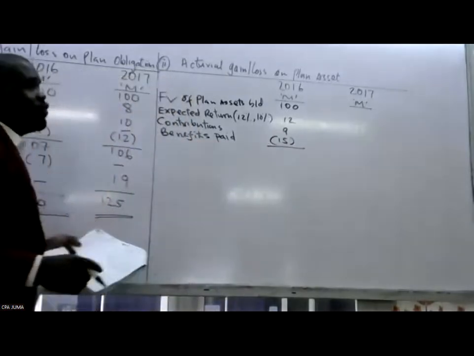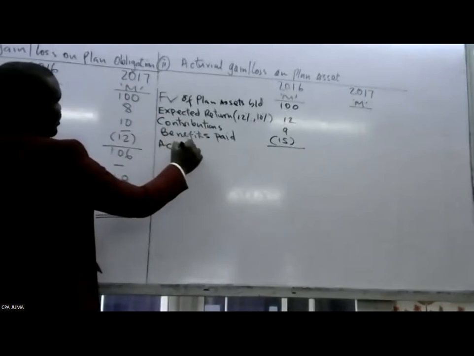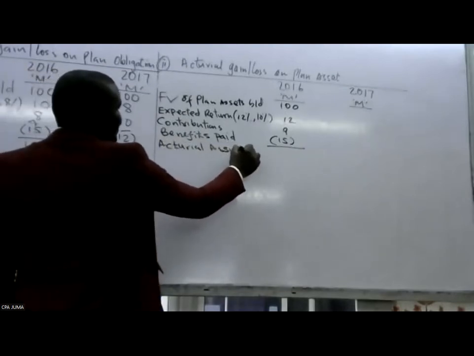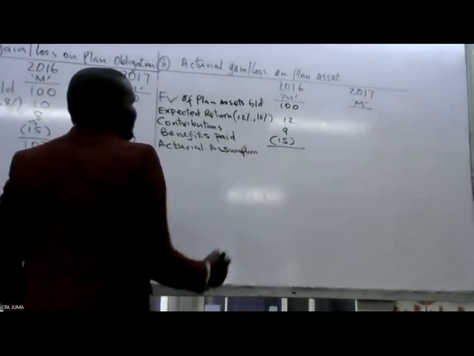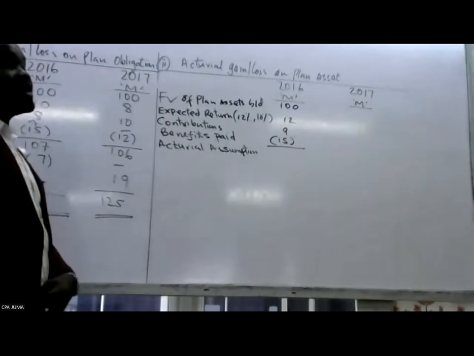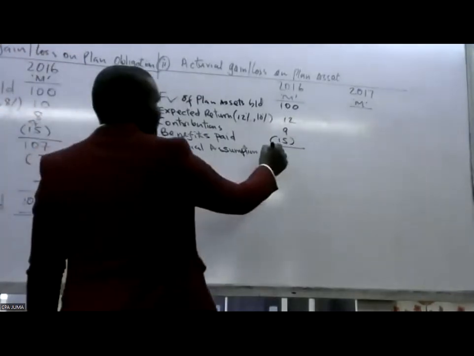Therefore, what remains in the scheme is the actuarial assumption. Actuarial assumption is how much? 106.